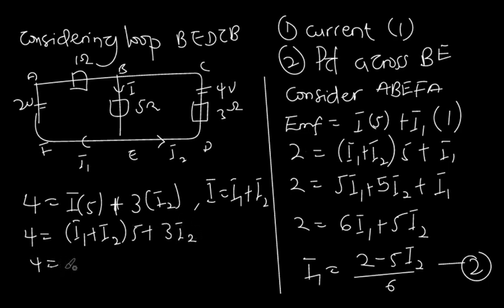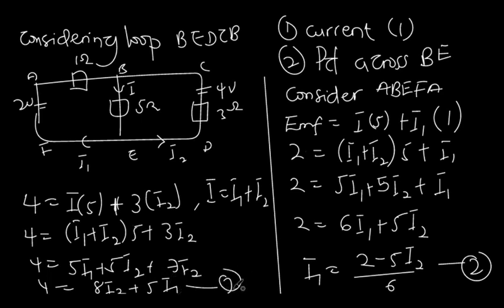So 4 is going to give us 5I1 plus 5I2 plus 3I2. So 4 will give us 8I2 plus 5I1. This is equation 3.